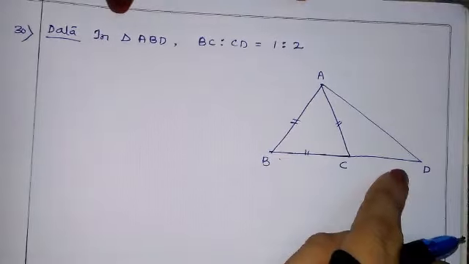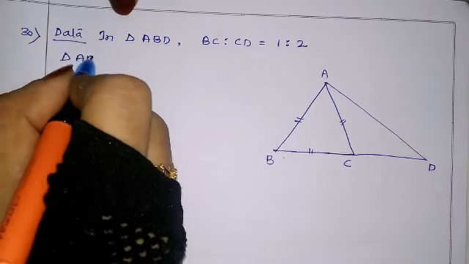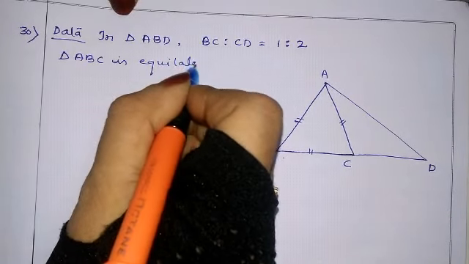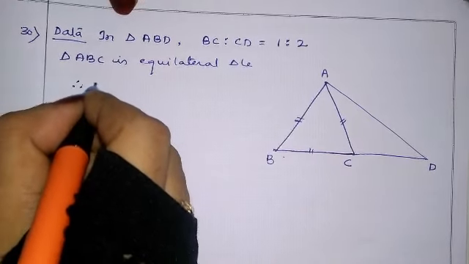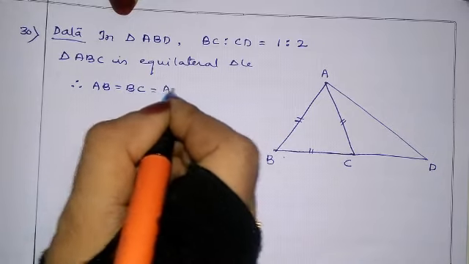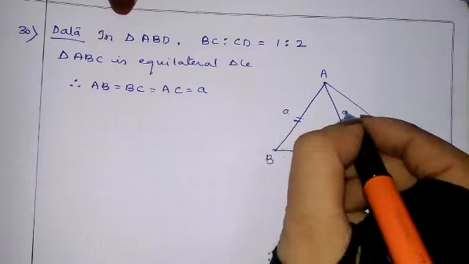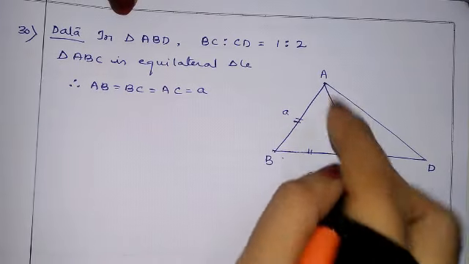And triangle ABC is an equilateral triangle. It is told in the question. Therefore, AB equal to BC equal to AC. I'll consider this as A. All sides are A. Okay. Here consider A as the full side.